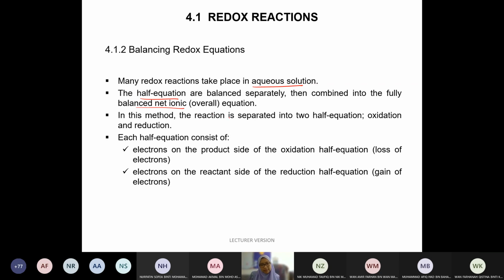In this method the reaction is separated into two half equations, oxidation and reduction. Each half equation consists of electrons on the product side for the oxidation, and electrons on the reactant side for the reduction. So we separate them, making the work easier.